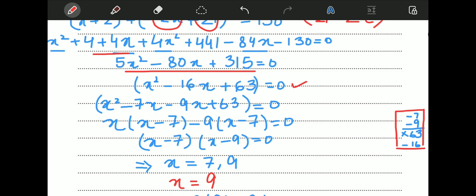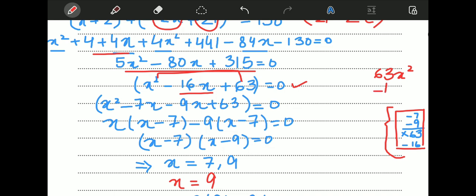So minus 16x. See, we always do this. While breaking the middle term, we need to find two numbers that when multiplied give you the product of these outer two terms. That is going to be 63, or you can do it like 63x squared. I do it this way, and adding or subtracting the two terms will give you minus 16x.